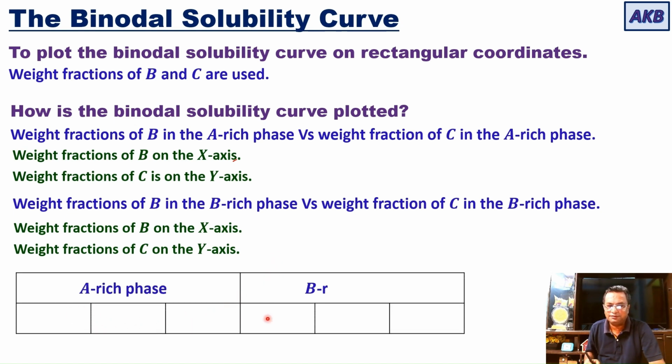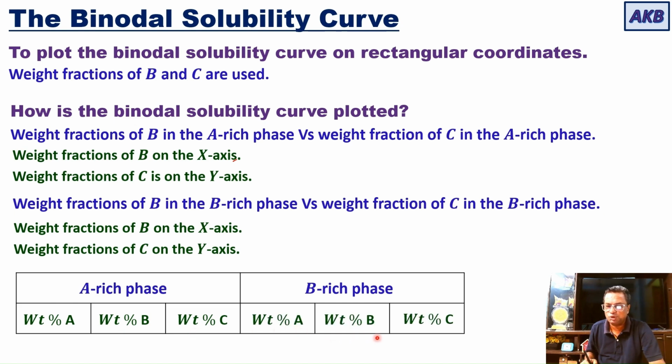So you may have this data where you have A rich phase, and the composition of the A rich phase is given to you. Over here I am showing weight percentages of the three components. A rich phase is in equilibrium with B rich phase, and at equilibrium you have these compositions.